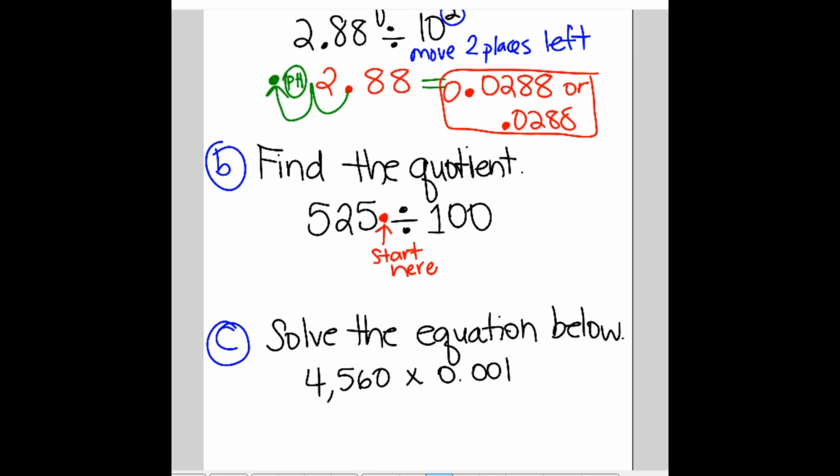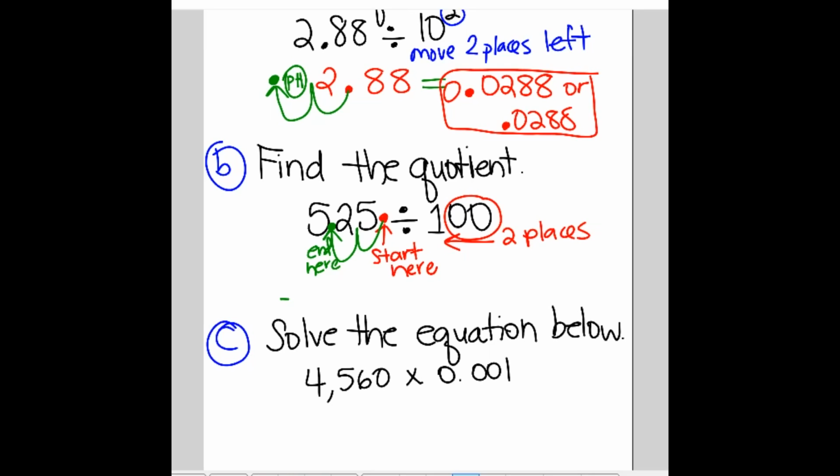And then, since we're moving to the left 2 places because of these zeros, we are going to move that decimal that we started at to the place that we needed to move it. So let's start. 1 place, 2 places. Now it ends here.